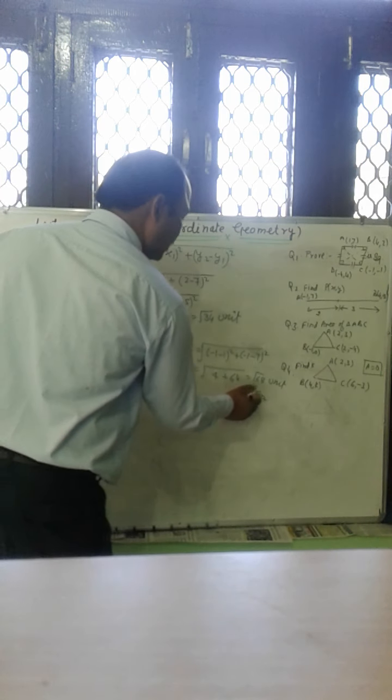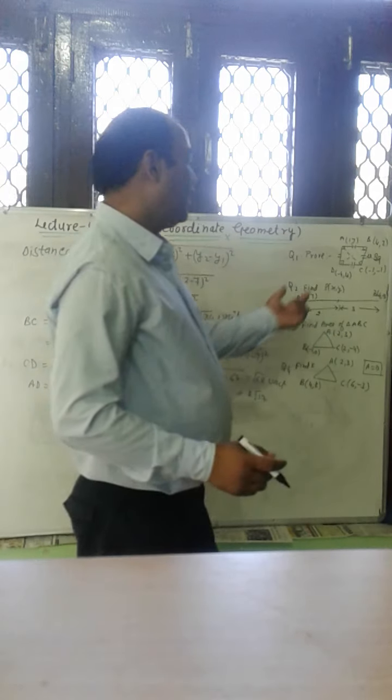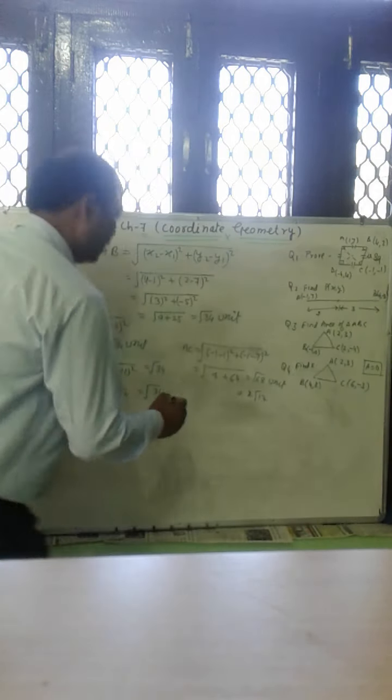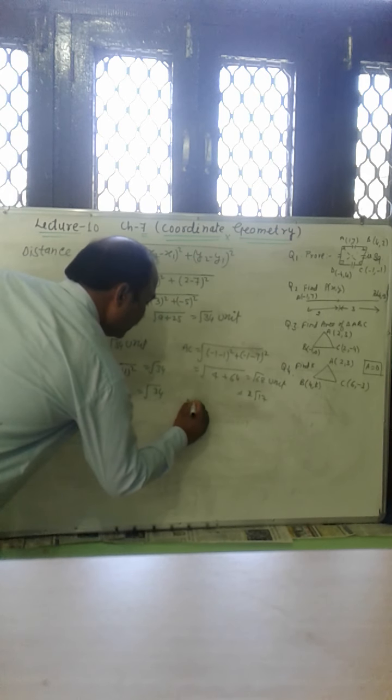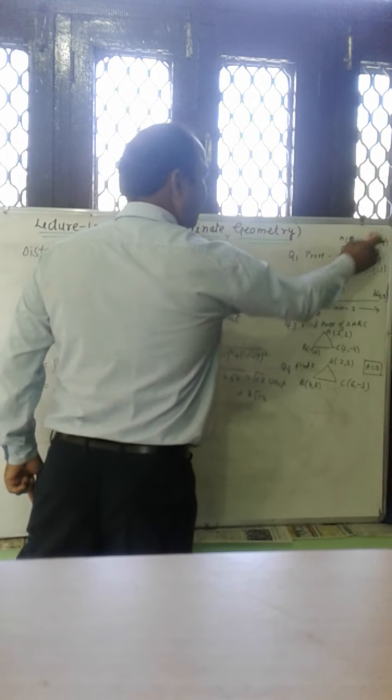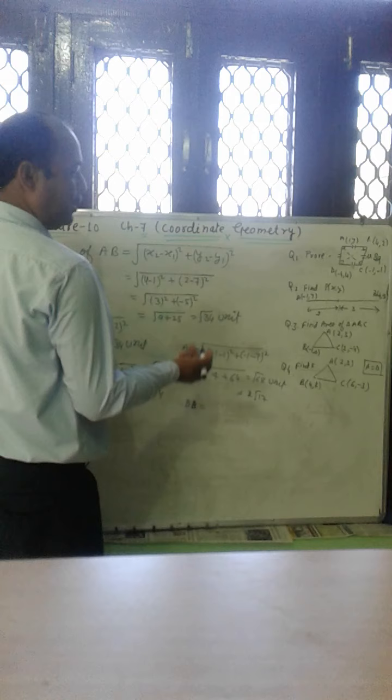Okay, this will be the same. Now the diagonal BD, or DB, whatever.